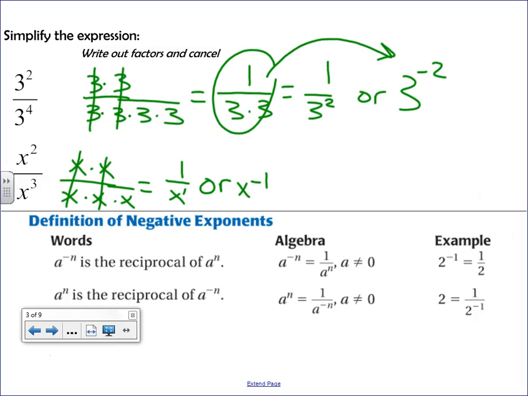Dividing by 3 2 times can be written using the negative exponent. So you've got the definitions down below, but just like negative exponents mean we're dividing, to make it a positive exponent, you just use that reciprocal.